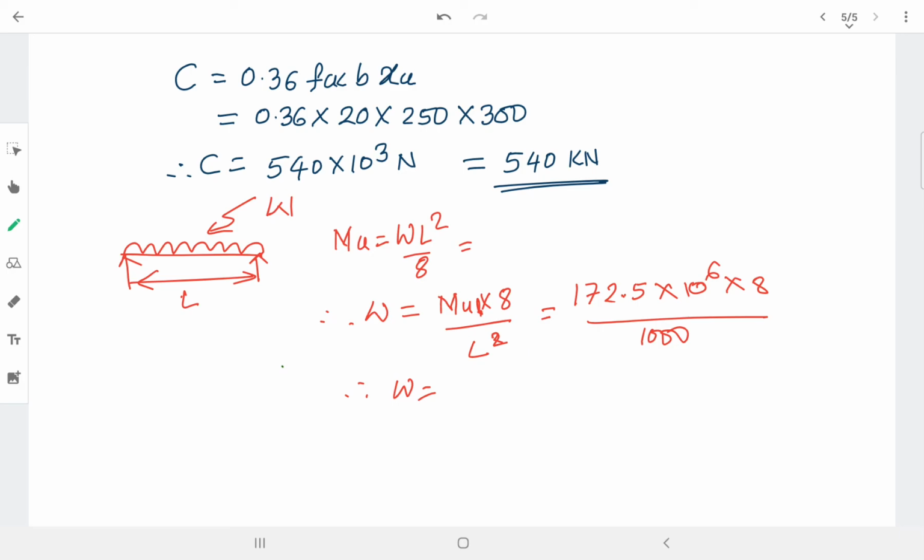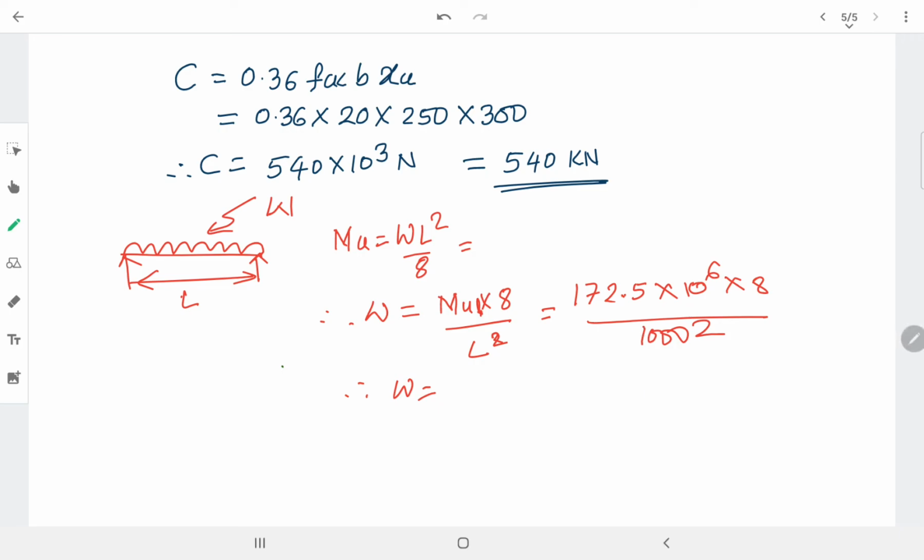Whatever you calculate, you'll be getting the value of load per meter. 172.5 into 10 to the power of 6 into 8 divided by 1000 square. So 172.5 into 10 to the power of 6 into 8 divided by 6000.